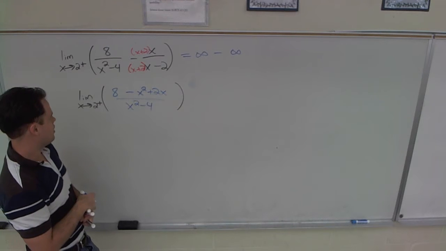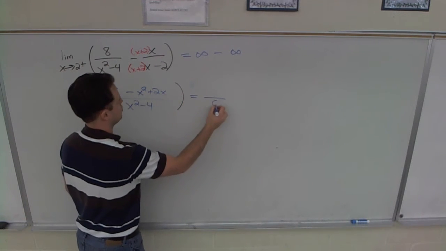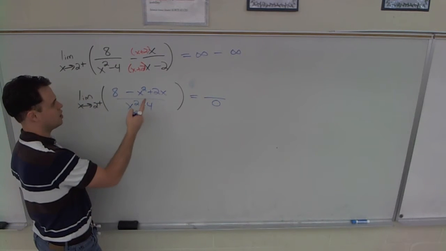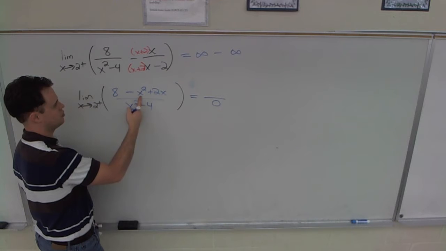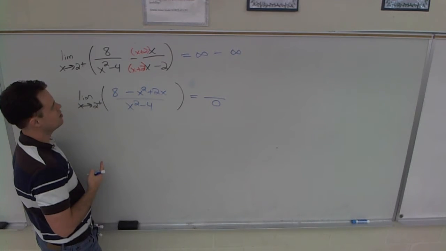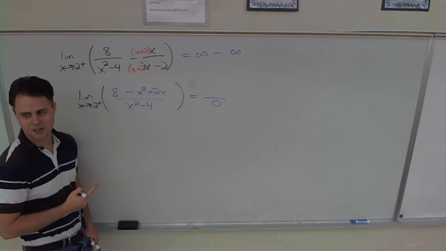And let's see what happens now. Now if we plug 2 in, we'll get the same kind of thing on the bottom. So we'll get pretty much 0 on the bottom, right? If we put 2 in on top, that's going to be 8 minus 4 plus 4. You have to put parentheses. Did I make a mistake? You need to put parentheses. Oh, I did make a mistake. What did I do, Katie? You put parentheses.